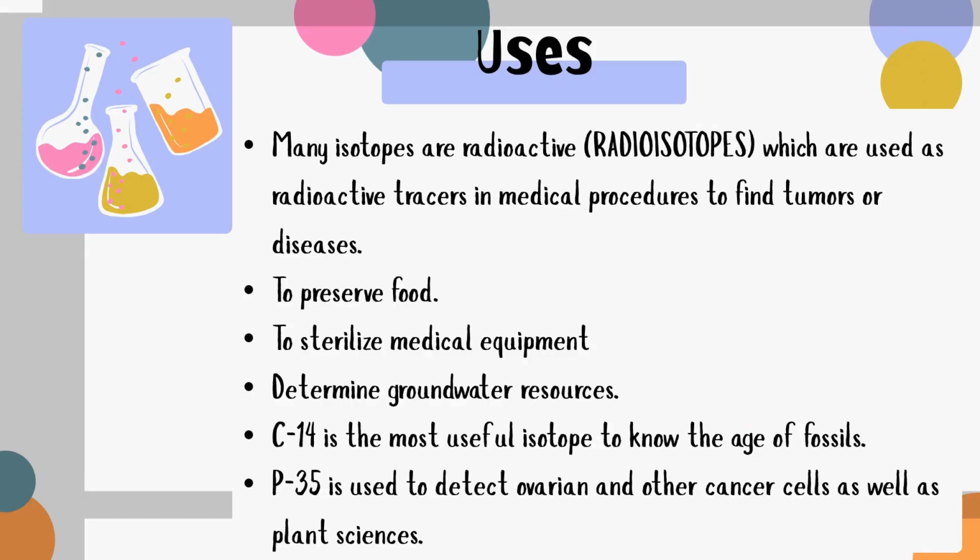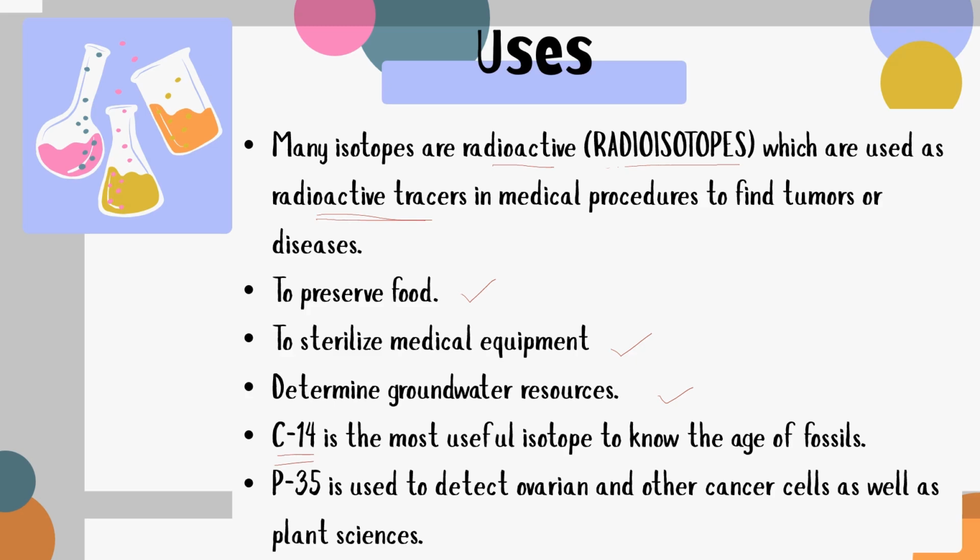Uses. Many isotopes are radioactive. They are called radioisotopes, which are used as radioactive tracers in medical procedures to find tumors or diseases. Radioisotopes are also used to preserve food, to sterilize medical equipment, to determine underwater resources.